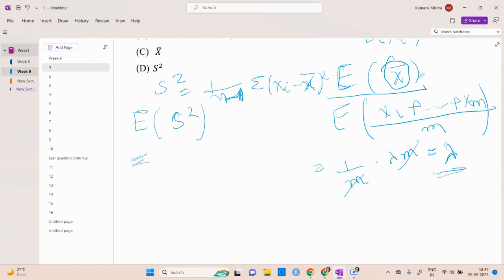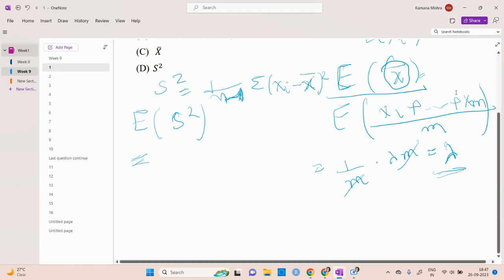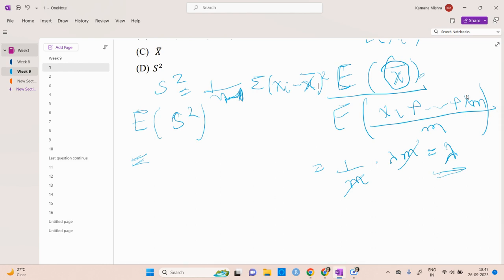So what we can do is open it: 1 upon n minus 1, and then it will be summation xi square, and then expectation of xi square minus expectation of x bar square.